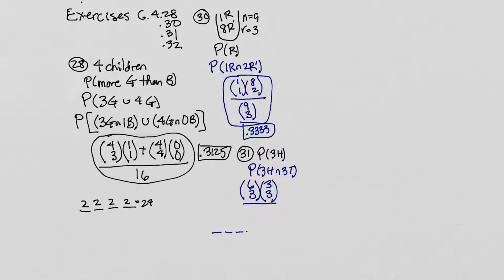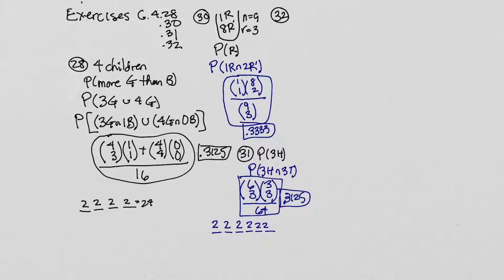The first toss could result in a head or a tail, 2 choices there, the second a head or a tail, 2 choices. So there's 2 choices for each of these. This is 2 to the 6th, which is 64. And when I computed this, I got 0.3125.